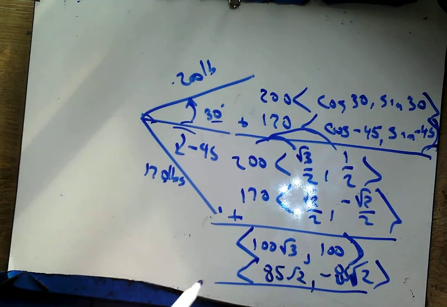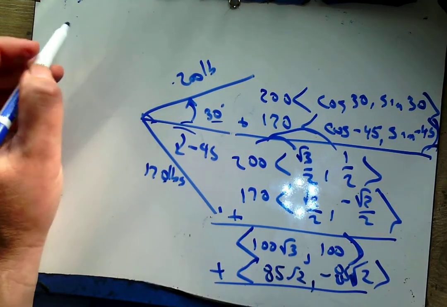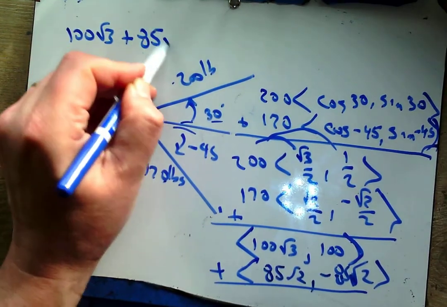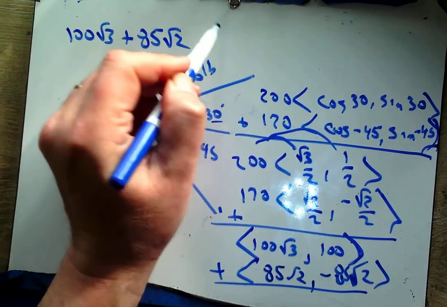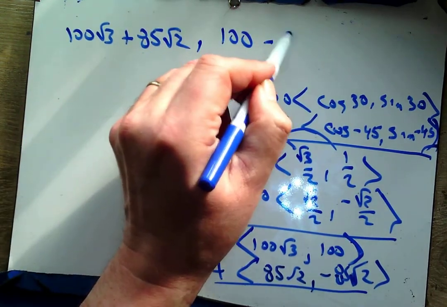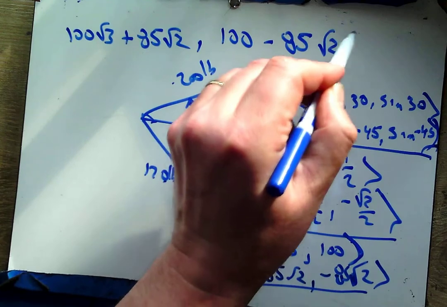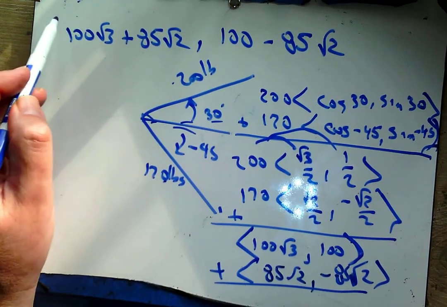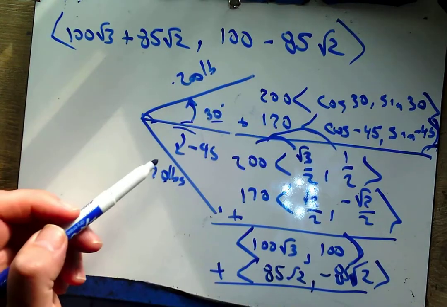And then I get to this place and I say, okay, I'm going to add those values. And so I'm going to have 100√3 plus 85√2, comma 100 minus 85√2. And I'm going to feel a little frustrated with this component form.